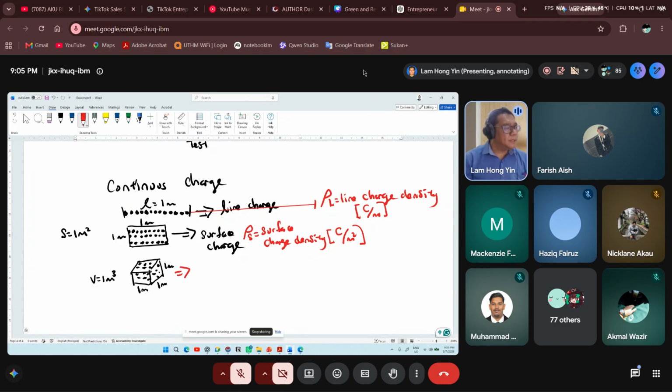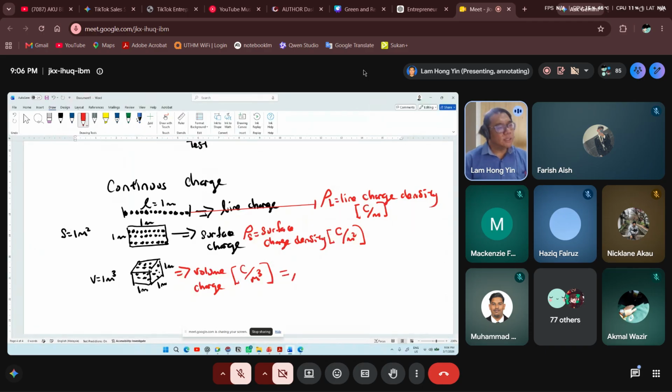The same things happen for the volume charge. You only care how many coulombs in 1 meter by 1 meter by 1 meter cube, right? So you count how many charge inside per meter cube.